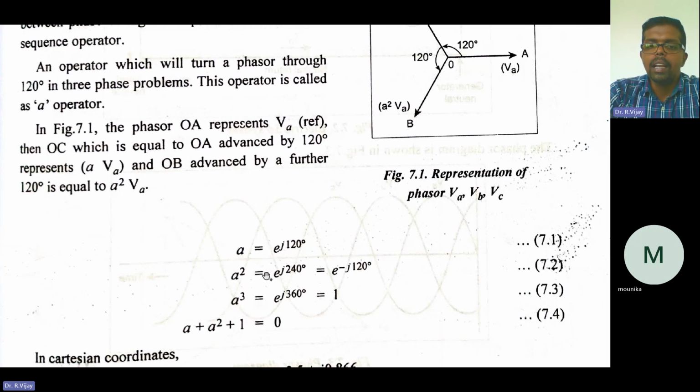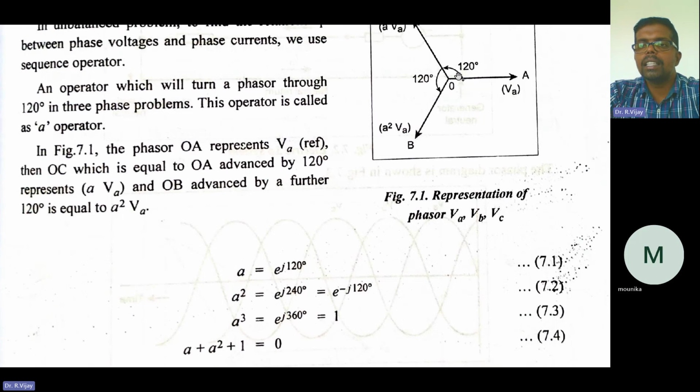Next, A cubed is equal to e to the power of j 360 degrees. 360 degrees we can write as 1, because here it is 120, here 240, and here 360.